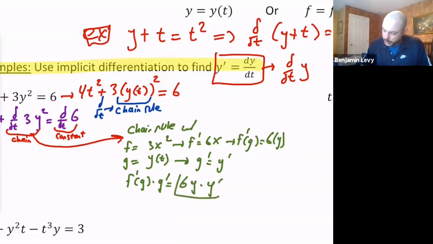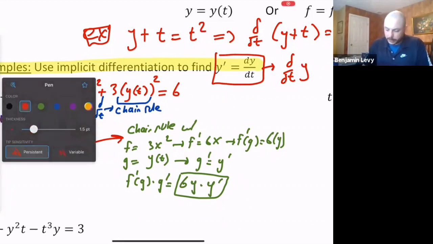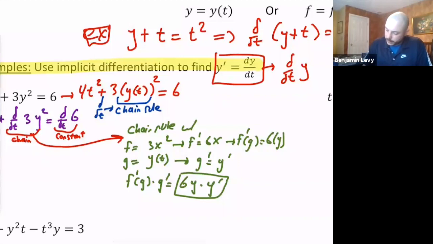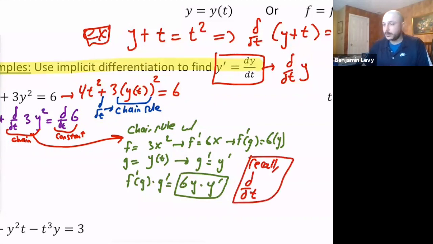And so this ends up being the derivative of the 3y squared part, right? Because we're doing d over dt. And I didn't write that down, but recall, we're doing d over dt when we do all these derivatives. And so that's why this turns into a y prime.